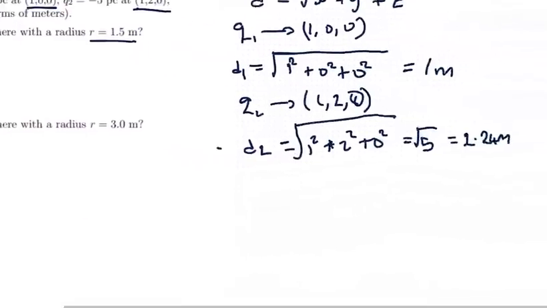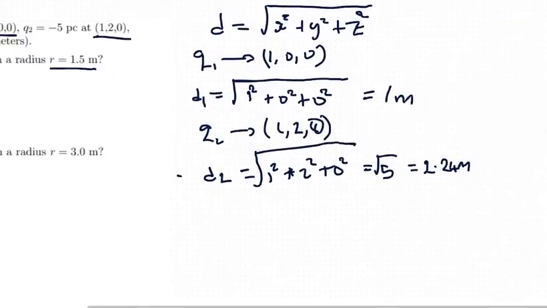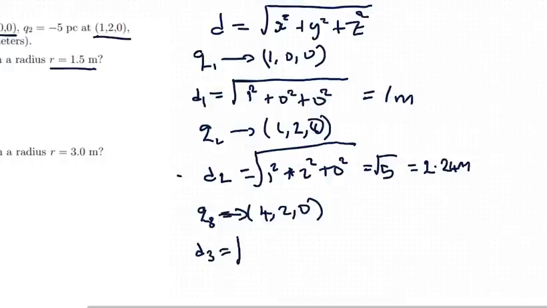Then for Q3 we were given 4, 2, and 0. The distance will be equal to the square root of 4 squared plus 2 squared plus 0 squared, and this is equal to the square root of 20.